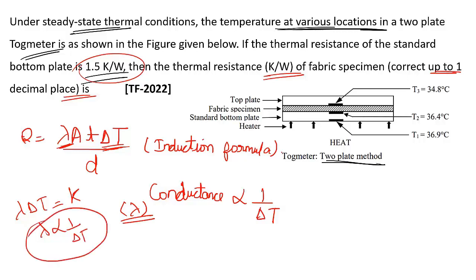If we keep Q, d, A and t constant, then lambda delta T is constant, so lambda is inversely proportional to delta T.